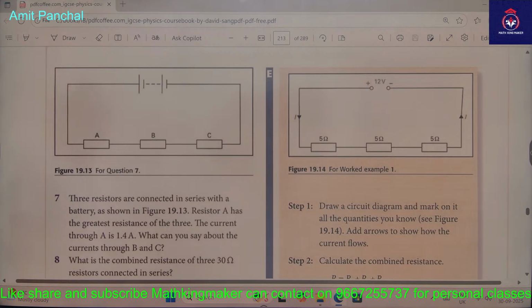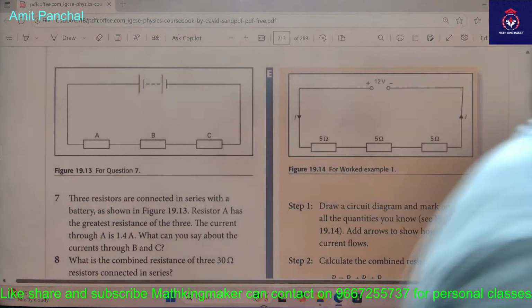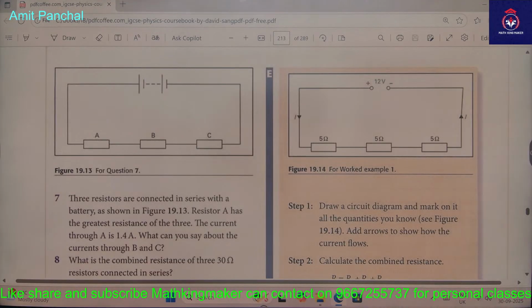Three resistors are connected in series with a battery as shown in figure 19.13. Resistor A has the greatest resistance of the three. Current through A is 1.4 ampere. What could you say about the current through B and C? How much current will be there in B and C?